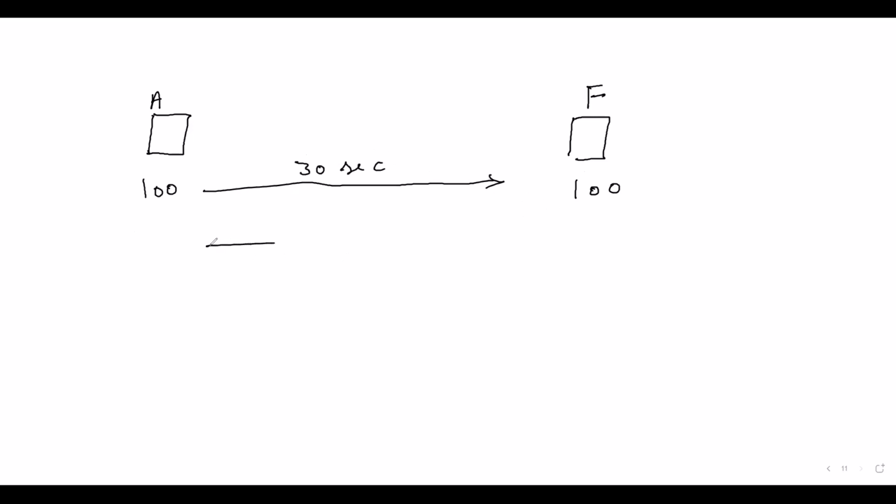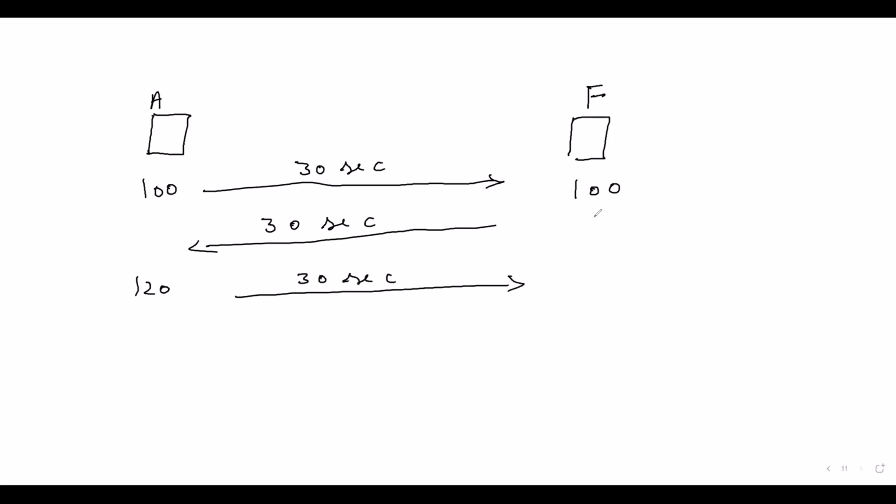You also send me 100 messages in 30 seconds. Now I got 120 messages. I sent you 120 messages in 30 seconds. You got 140 messages, 40 messages more. Now you have 140. You send me 140 messages every 30 seconds.